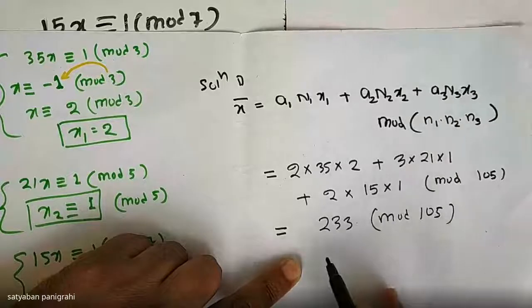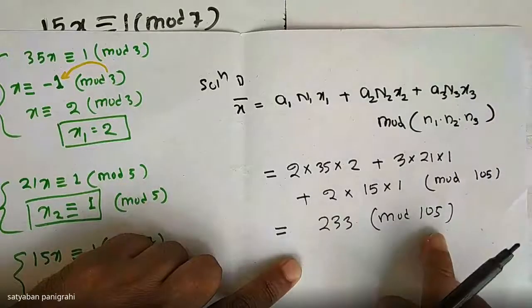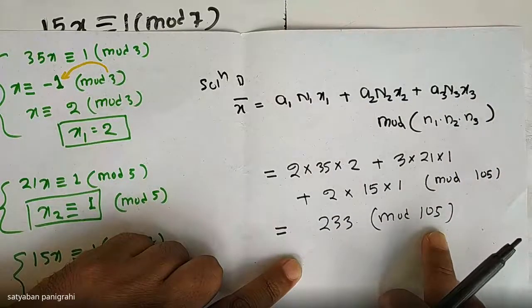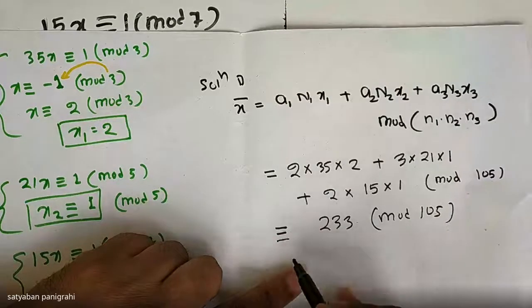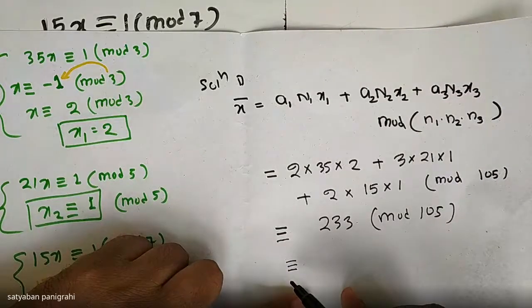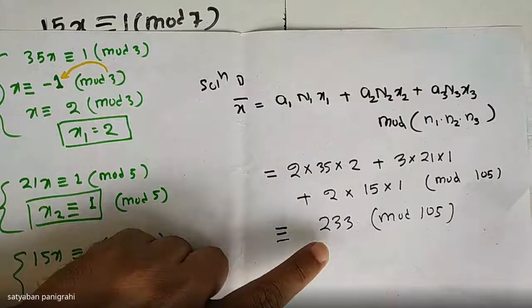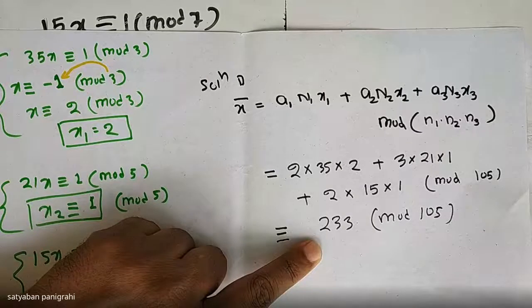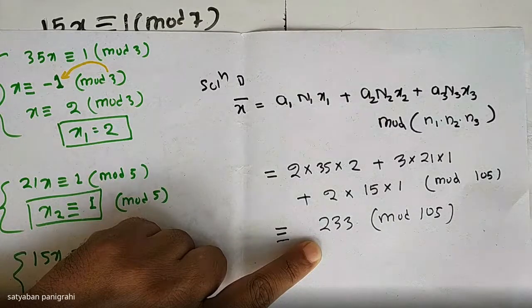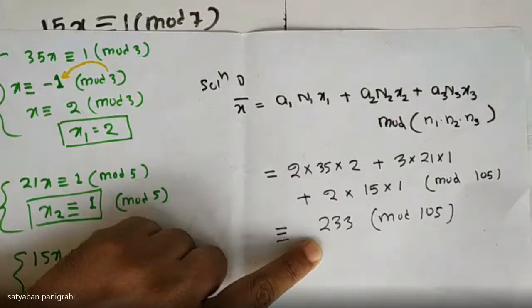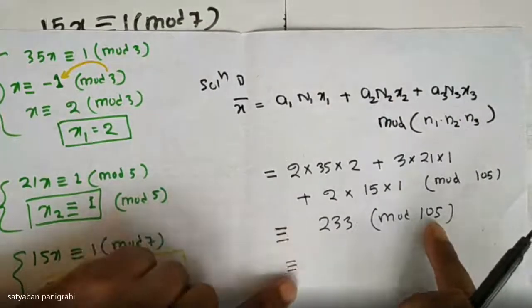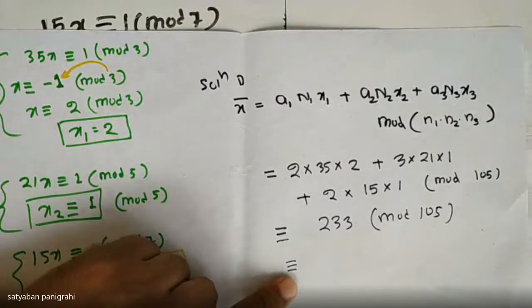Now see here, 233 is greater than 105, so see what the remainder is. 233 is congruent to how much mod 105? Divide 233 by 105 and tell me the remainder. 23. Very good.